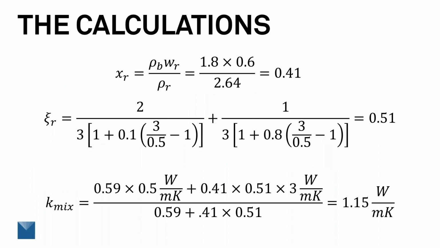So here's the calculation that we do. The volume fraction of rock is calculated a little differently here than we showed in the previous formula, because in this case we know the final density. And so we do that calculation and determine that the volume fraction of rock is 0.41. So it was 60% by weight and it's 41% by volume now, because the rocks are so dense.